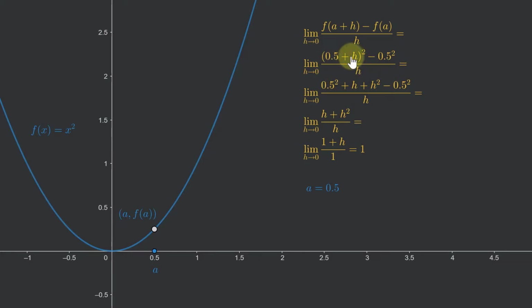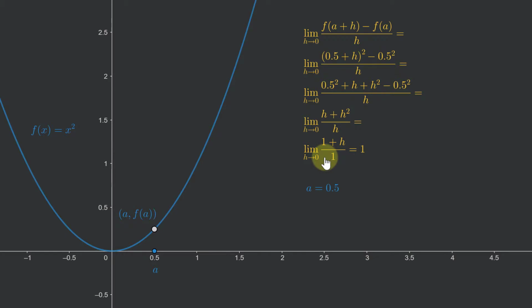Here we simply expand this bracket by using the first binomial formula, which gives 0.5 squared plus h plus h squared. And now we see that we can simplify because we have this expression minus, again, the same expression, which leads to this simplified fraction. And now it's very obvious that we can reduce by h, and that is the trick we need, because now we have 1 plus h divided by 1, knowing that h is a 0 sequence.